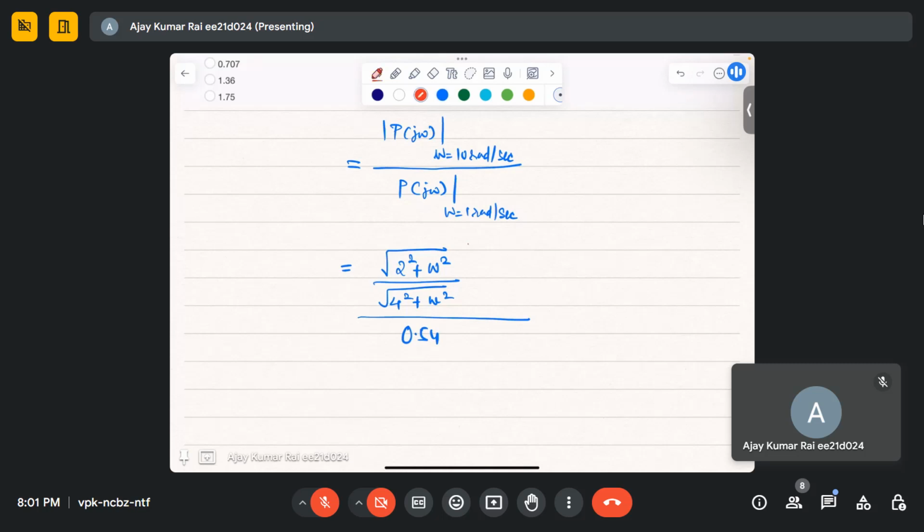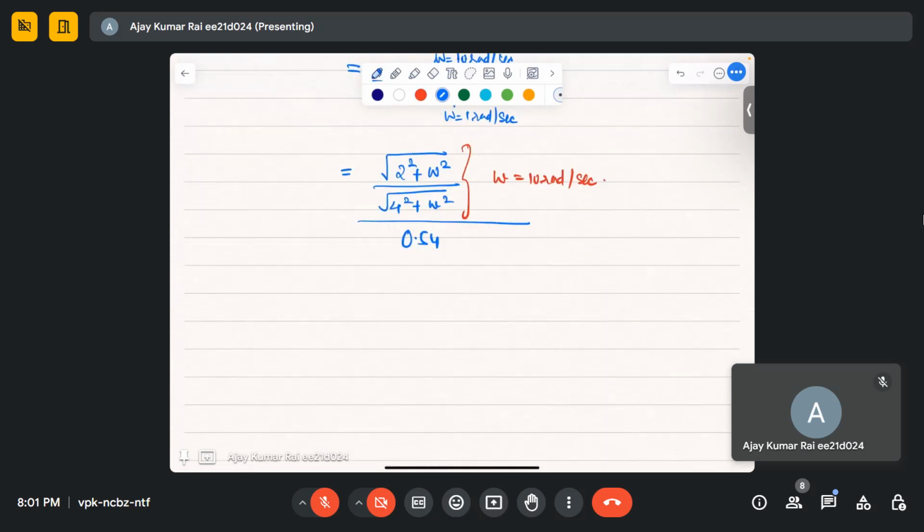Also I'm just saying here omega is 10 radian per second. It's just the general formula I have written, that's why I'm writing like this. So what you do, just substitute: 10 square, 2 square plus 10 square, 4 square plus 10 square, by 0.54.